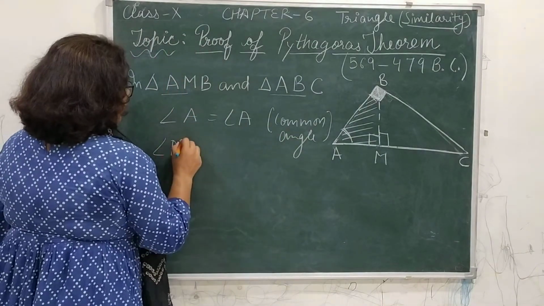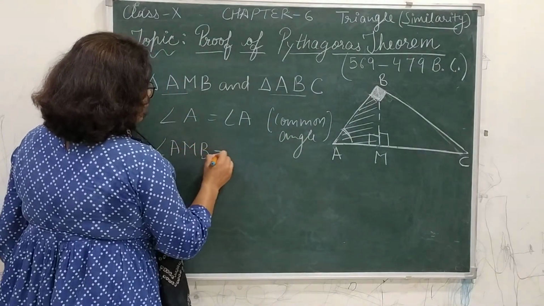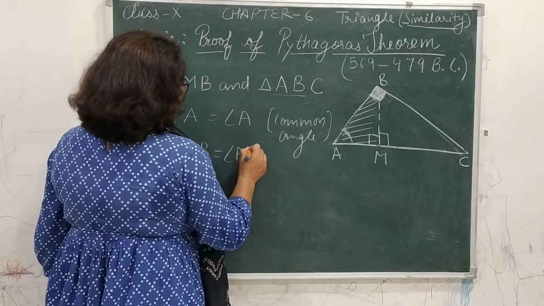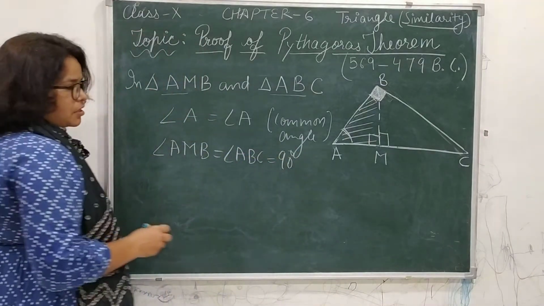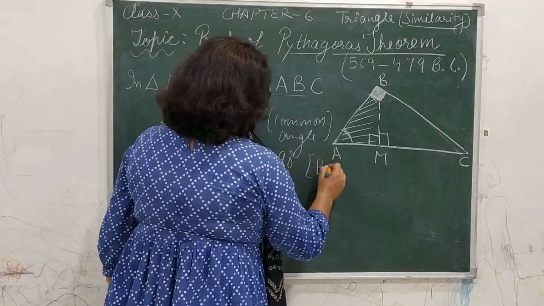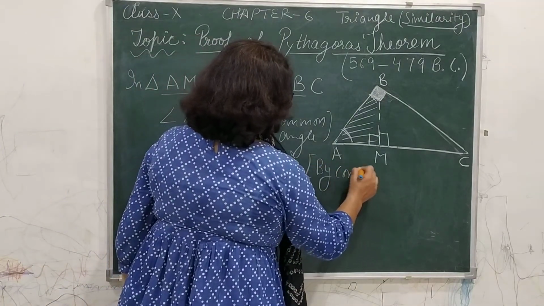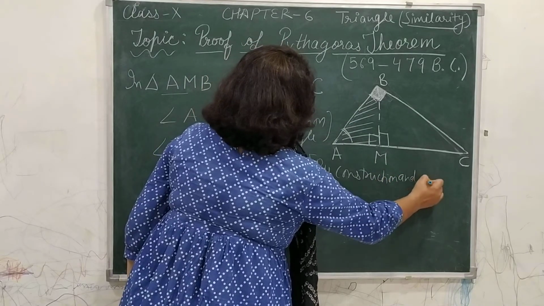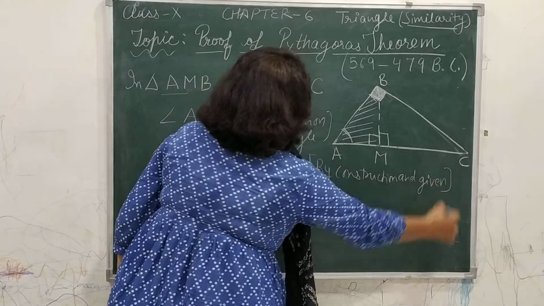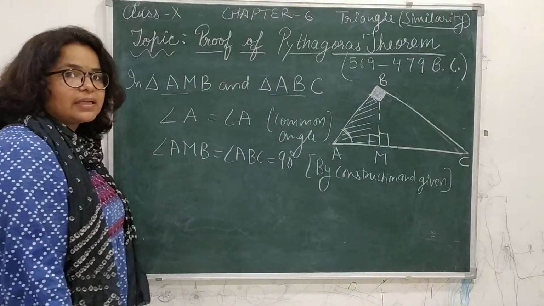And angle AMB is equal to angle ABC equals to 90 degree by our construction, and given, because it is given to us that ABC is a right angle triangle.